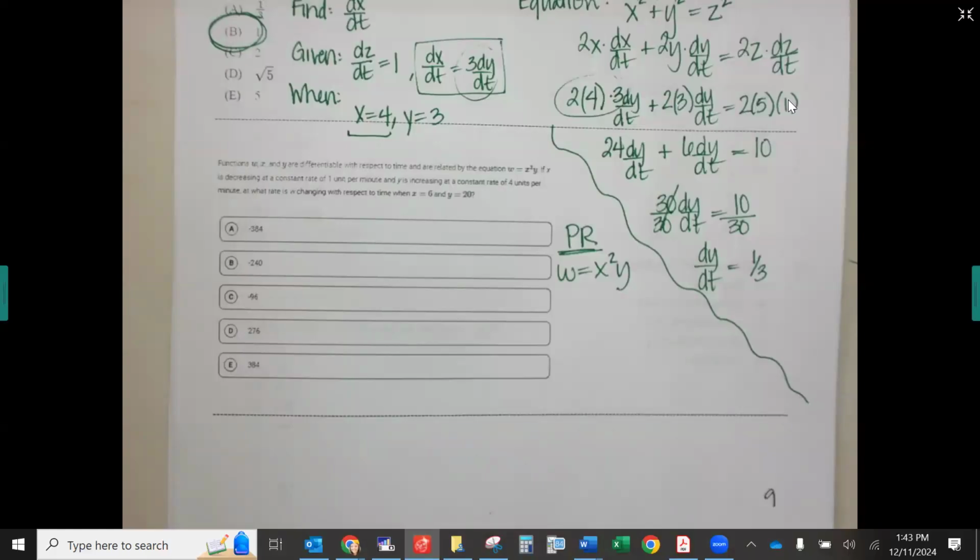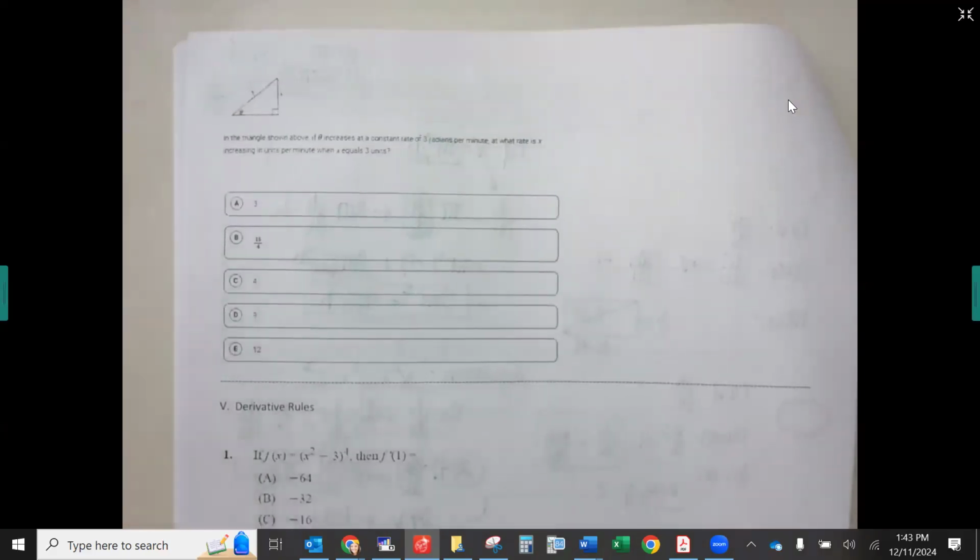All right, then last one I'm going to work with you on from this section is going to be the triangle on the last page. Right here. Okay, if you cannot read your triangle, okay, your theta is here.